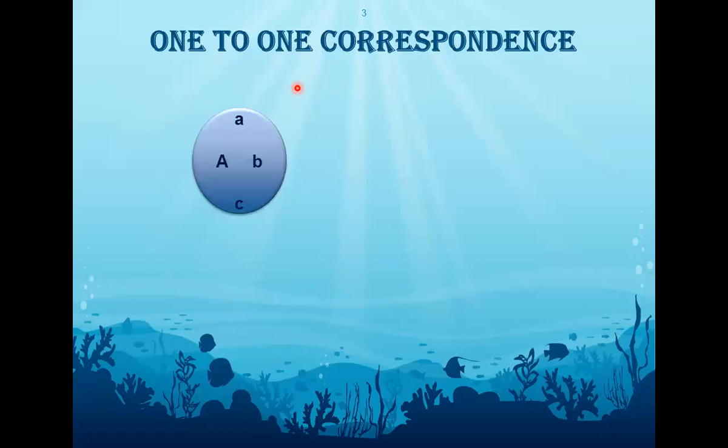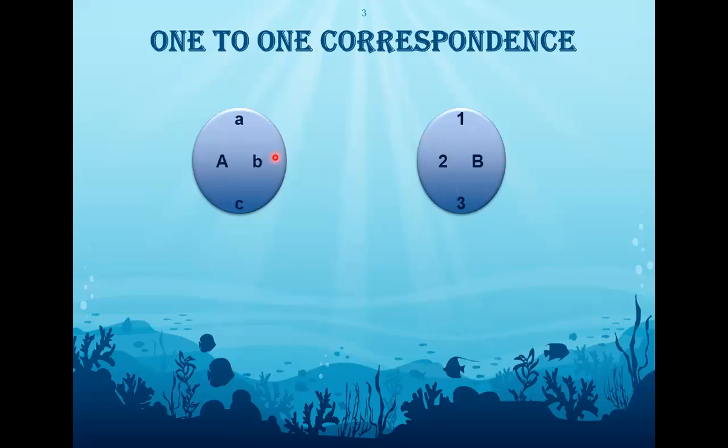Look at this figure. In this circle, this is circle A, or you can say set A, in which the elements are a, b, and c. Another circle is circle B, in which you have the elements 1, 2, and 3.